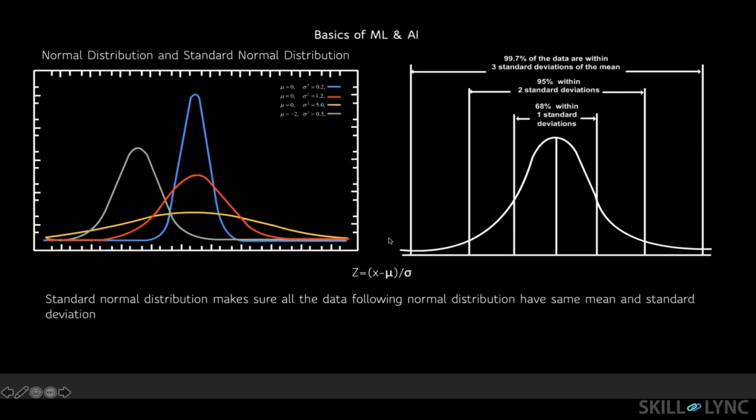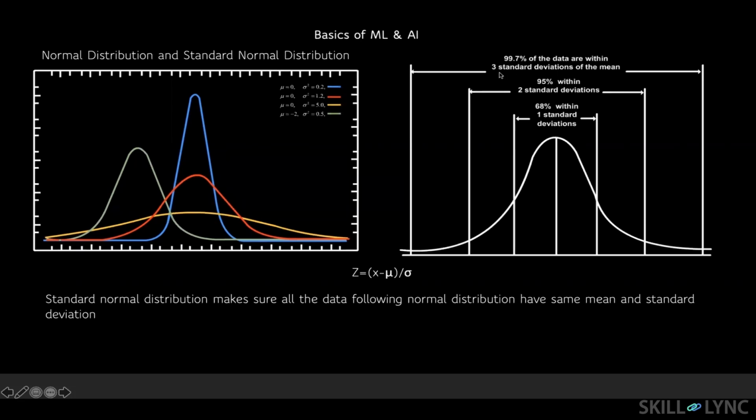You all might have heard of 6 sigma very lately. People are talking about 6 sigma quality. What do they mean by 6 sigma? It means that the quality of the analysis we do, or anything we do, should be within 6 sigma.